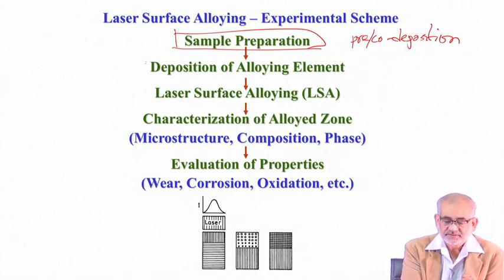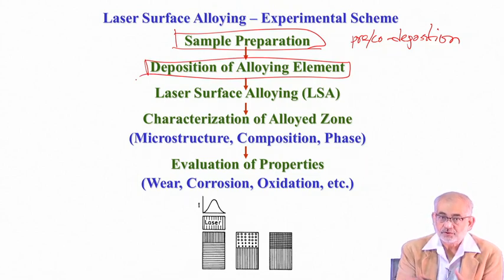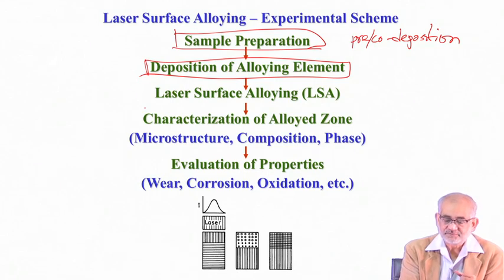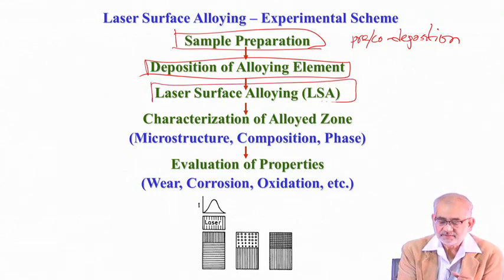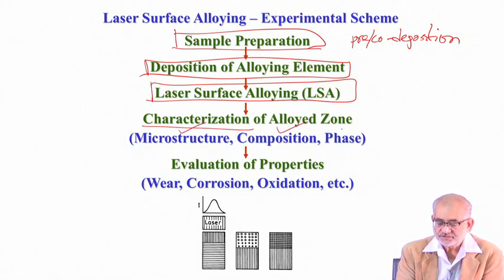Then we deposit the alloying elements either beforehand or during the alloying process itself, and then we irradiate with the laser beam, and as we irradiate, the surface alloying takes place. After the alloyed zone is formed, we need to characterize it, in terms of microstructure, composition, phase aggregate, and integrity, or defect density and so on.